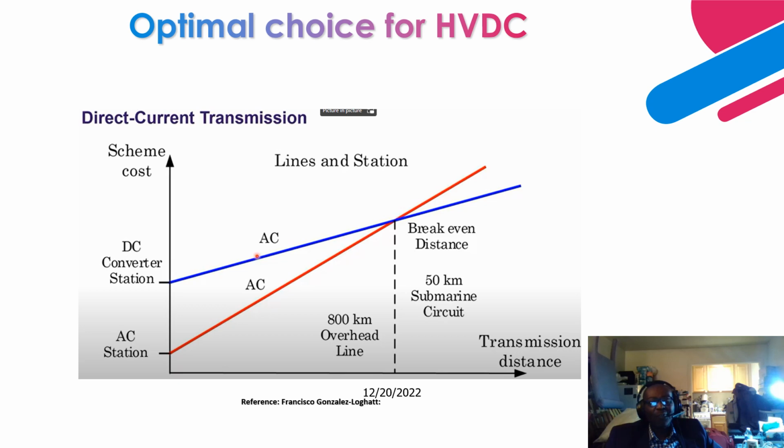That is, if you are transmitting an amount of power of 200 megawatts and above, then you want to consider utilizing an HVDC transmission system. Similarly, for underground cable, for distances greater than 80 kilometers and with a transmission load of 200 megawatts, you want to decide on a high voltage DC transmission system.